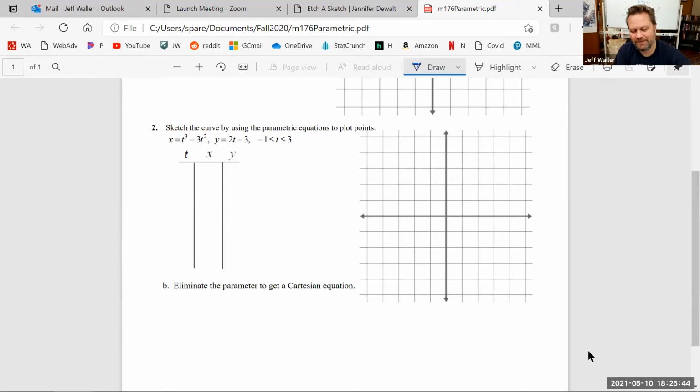I forgot about this one. I like it. I call this one math graffiti.